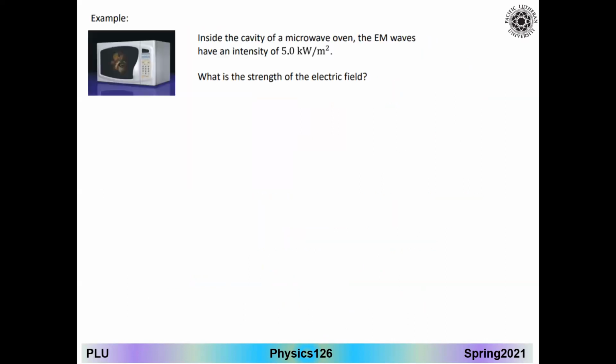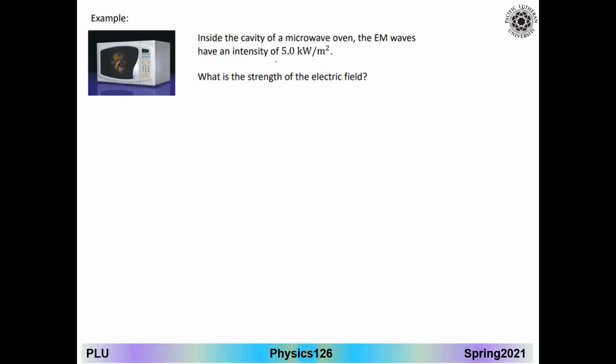Here's more examples. Here's another example regarding the microwave. It has intensity 5 kilowatt per meter square, and it asks for the strength of the electrical field, which is basically the same as the previous example.